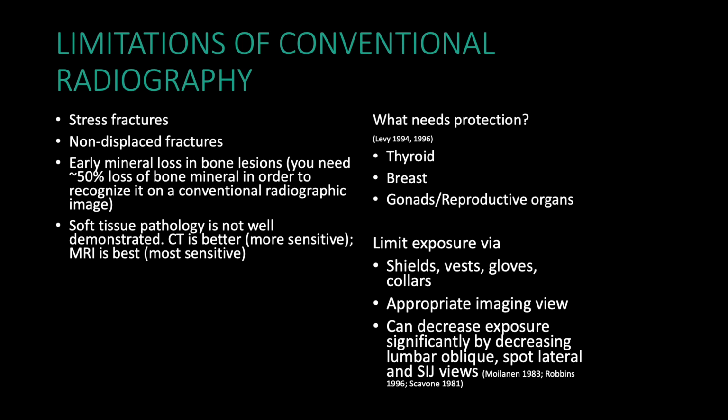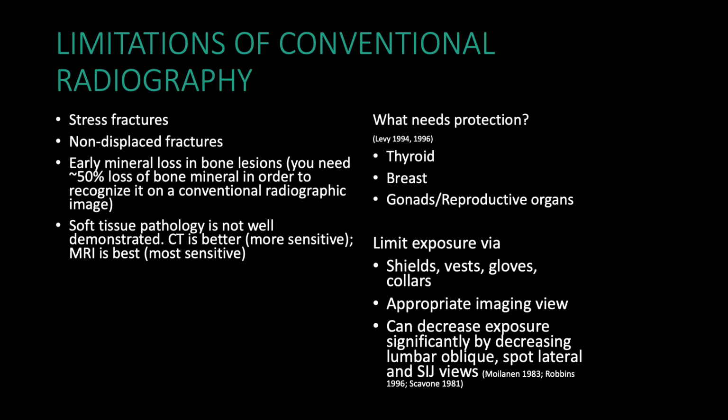Also need to realize that certain things need to be protected. Thyroids, breast tissue, and reproductive organs all need to be protected during radiology procedures. Typically they utilize shields, vests, gloves, collars, those various types of things to limit the exposure of these organs.